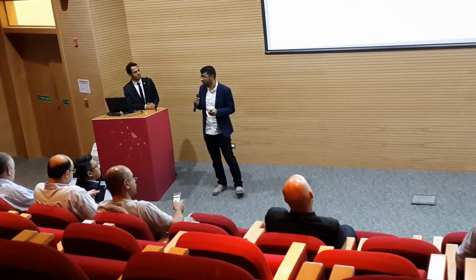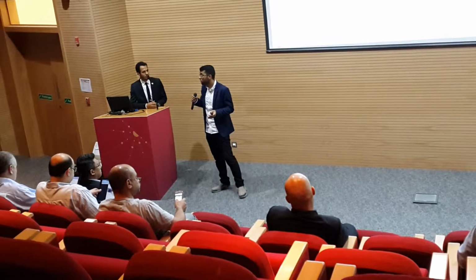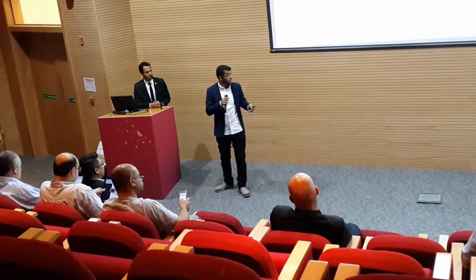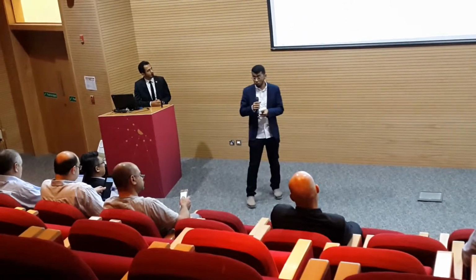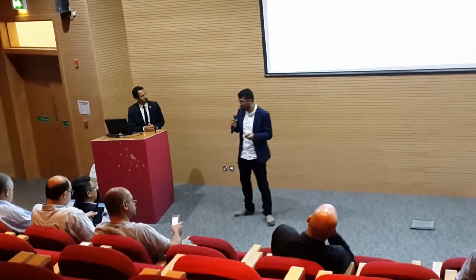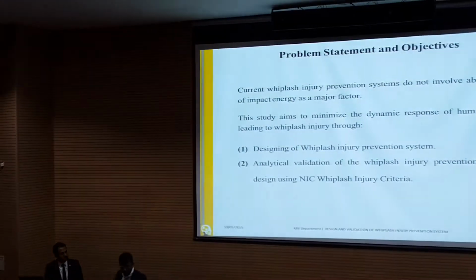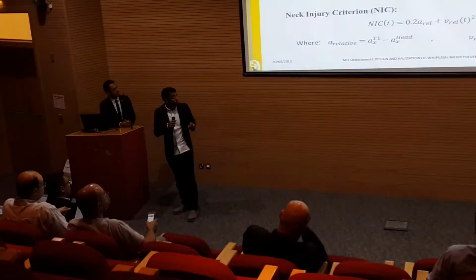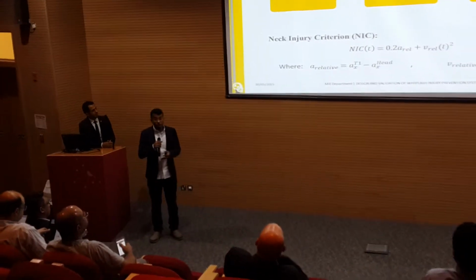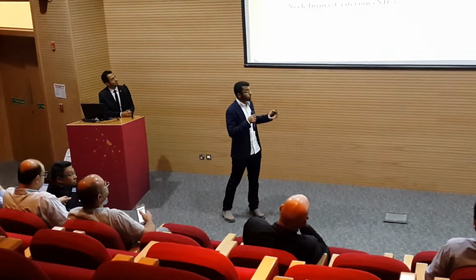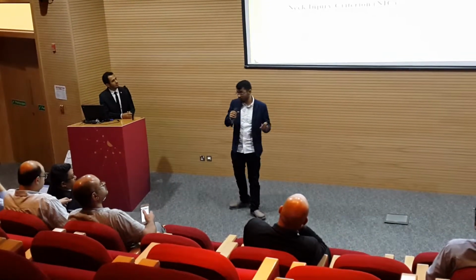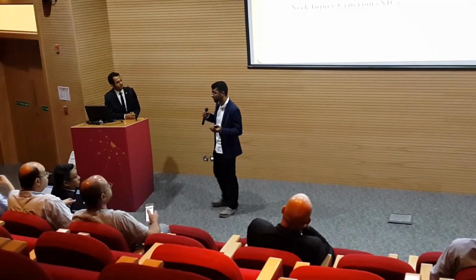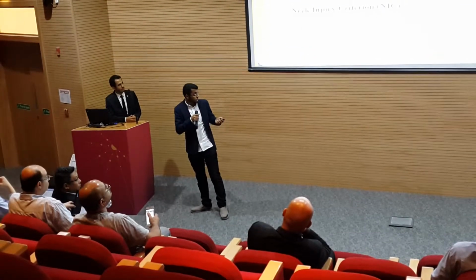So the main aim of this study is to limit the dynamic response that leads to whiplash injury, design a whiplash injury prevention system, and validate the proposed solution. Our journey to the final solution starts from concept generation and passes through different stations of analysis before reaching the proposed design.